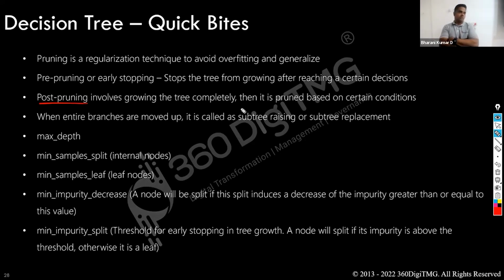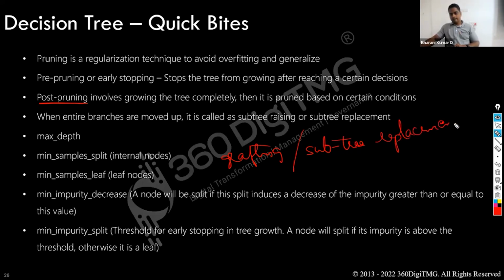You will see that only if somewhere the error rate is less than so much, you keep that branch. Otherwise, remove that branch. That's called grafting or subtree replacement.